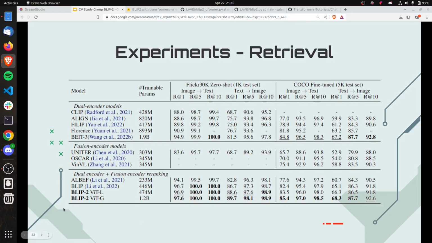Probably better than BLIP-2, but especially for open source things, BLIP-2 is pretty nice because you can plug in different image encoders and different large language models. It's quite modular in the whole setup. So I like the paper in general.